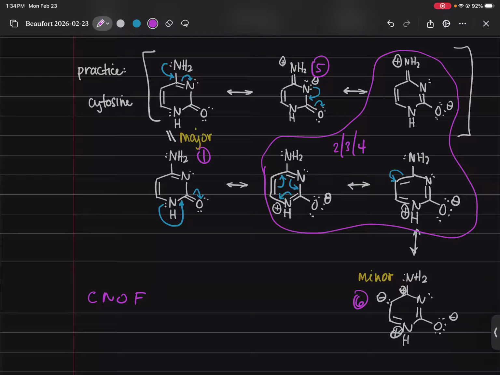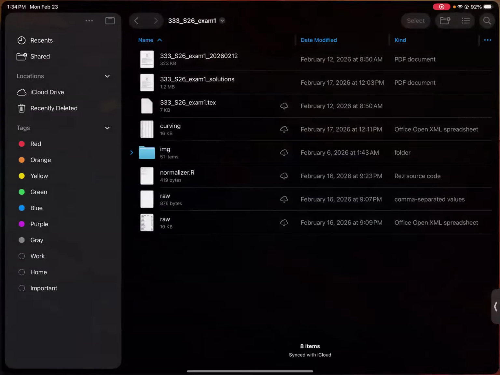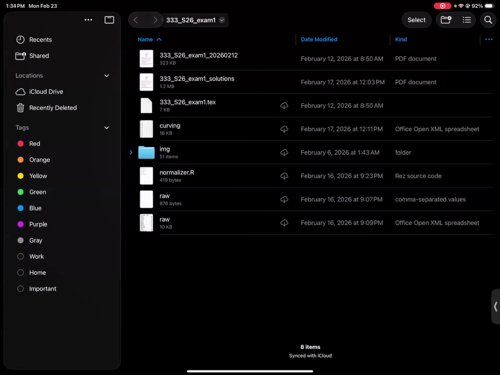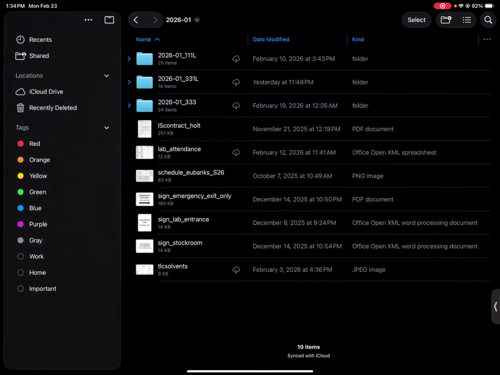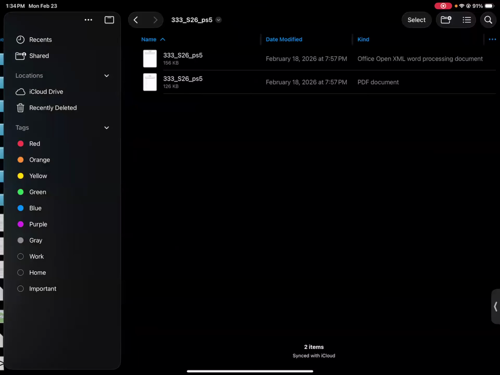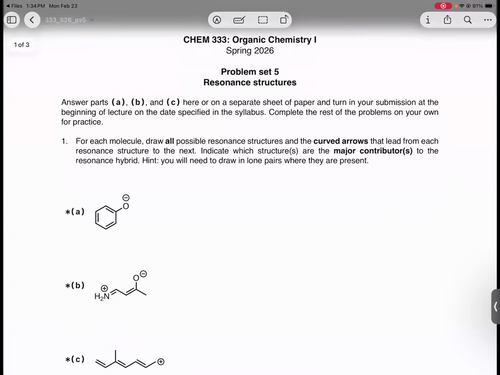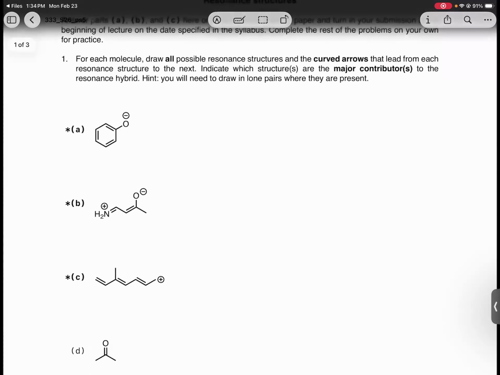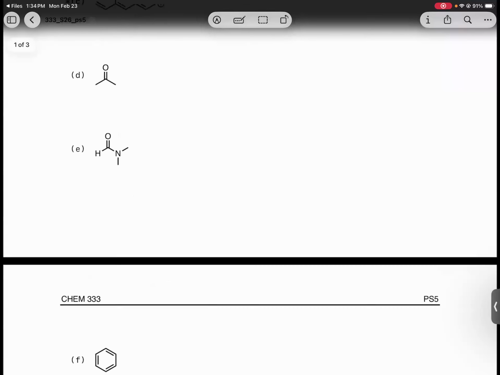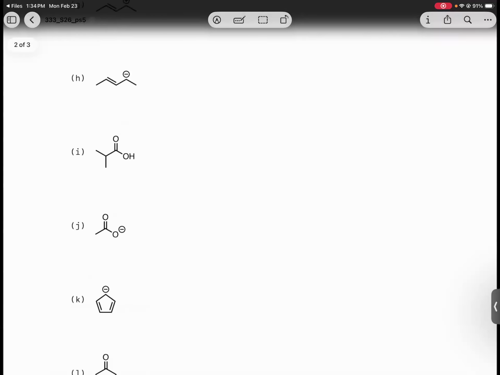Okay, so this is basically the homework. Let me look at PS5. I should probably put up the answers to the other ones for this, but yeah, it's one giant problem with tons of examples.